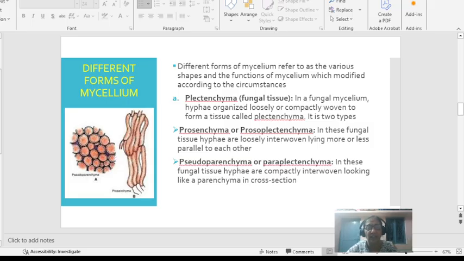And this is again of two types: one is known as the prosenchyma, and the other is known as the pseudoparenchyma. In the prosenchyma or prosoplectenchyma, the hyphae are loosely interwoven and lie more or less parallel to each other. In the pseudoparenchyma, the fungal tissue hyphae are compactly interwoven and look like parenchyma in cross sections.